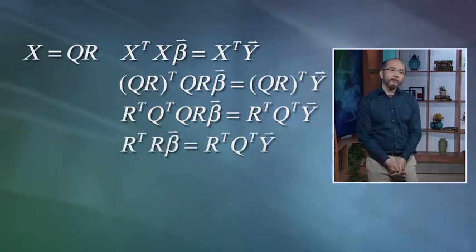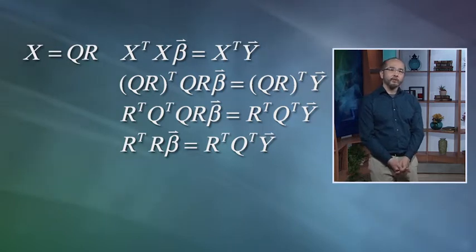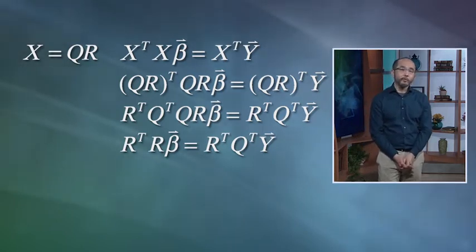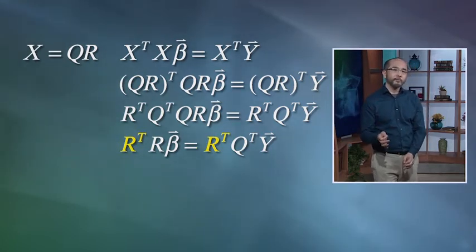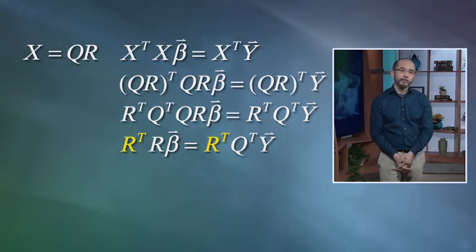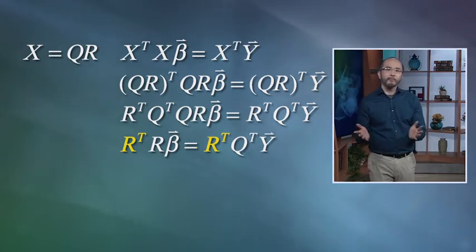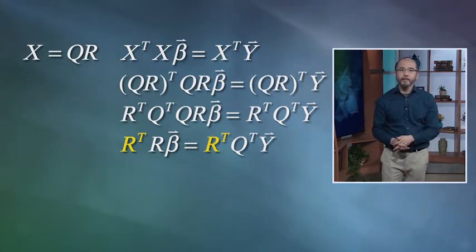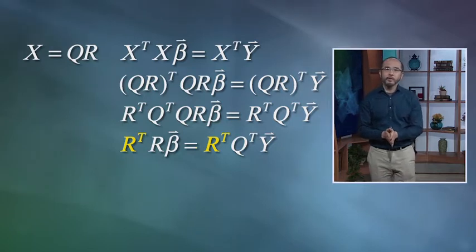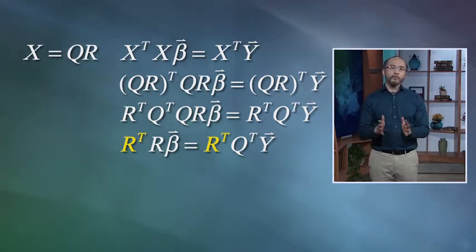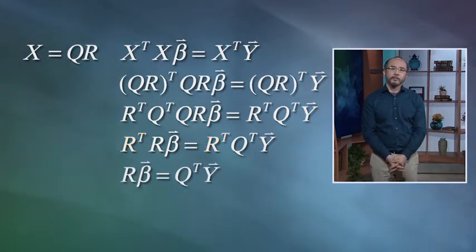So we have now R transpose R beta equals R transpose Q transpose y. But now we remember R is invertible, so R transpose is invertible. So we can multiply both sides by the inverse of R transpose on the left, and that will cancel the R transpose, and we will have a simpler equation, which is just R beta equals Q transpose y.